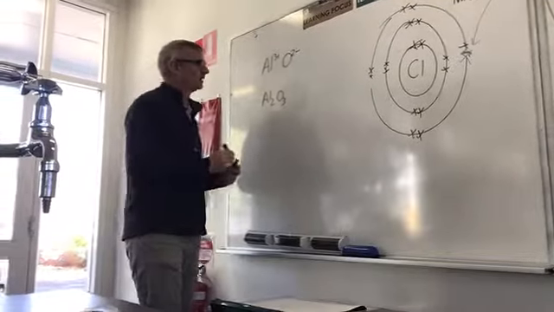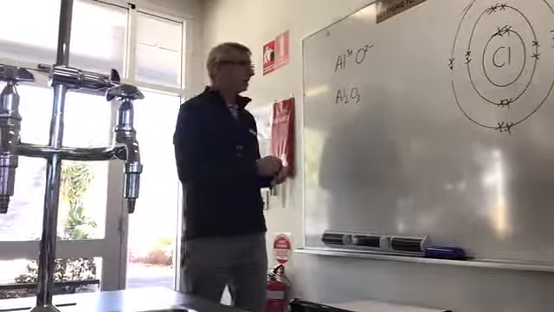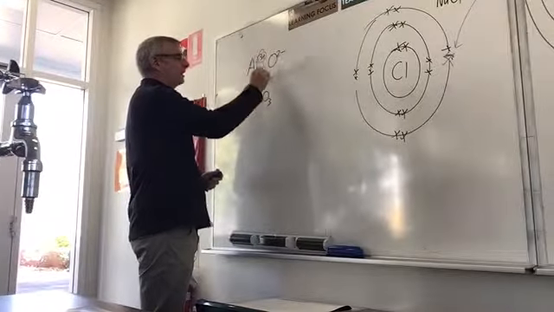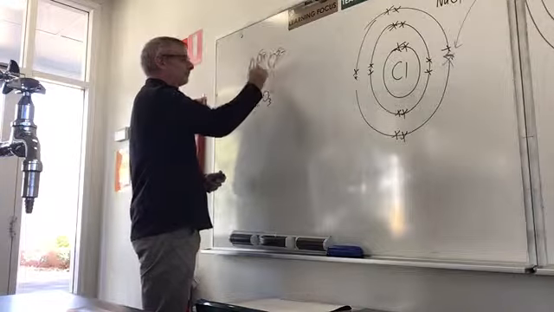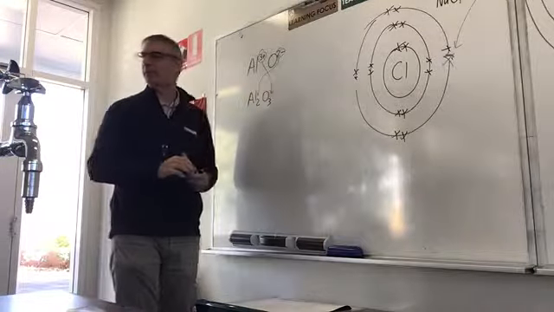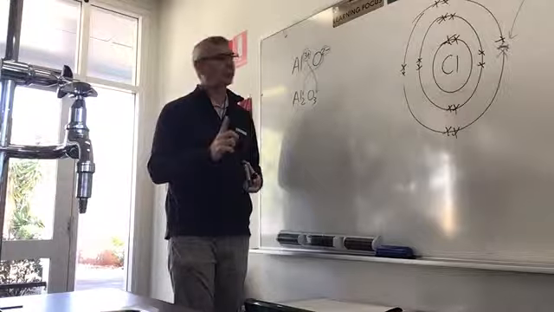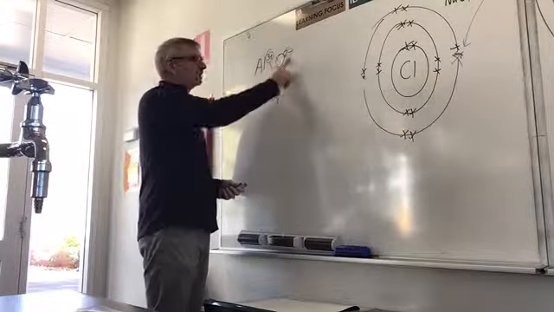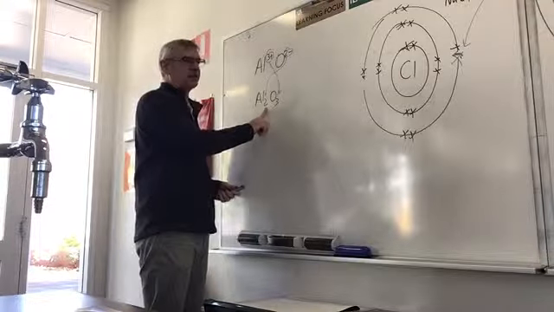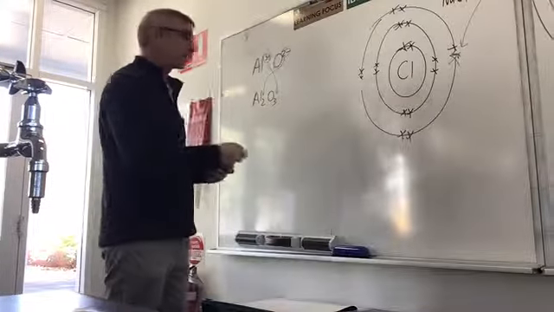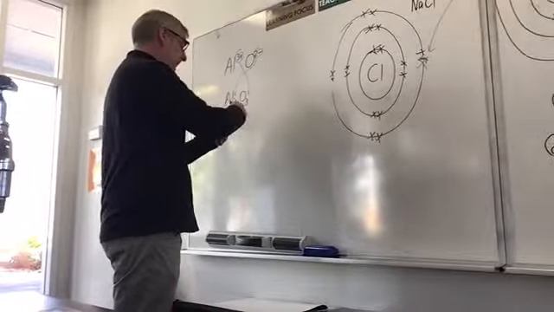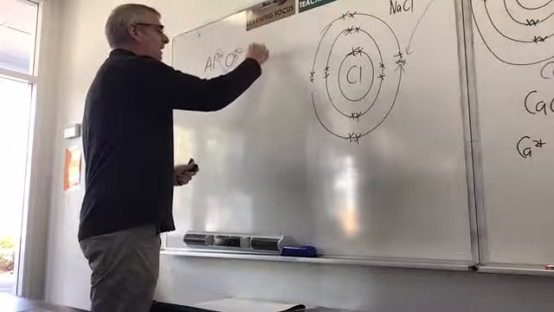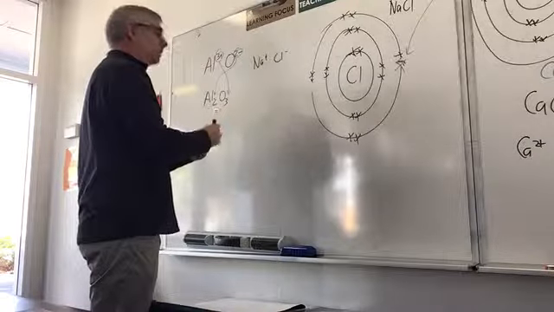Okay. All we do to work it out is we swap these over and we drop them down. So it's called swap and drop. Simple process. We take the charge on the aluminium, we drop it down here. Take the charge on the oxygen, we drop it down here. We did the same thing with sodium chloride because we had Na plus and Cl minus.